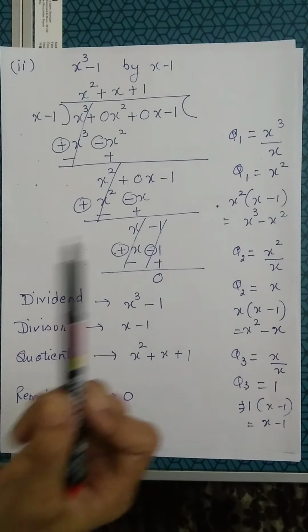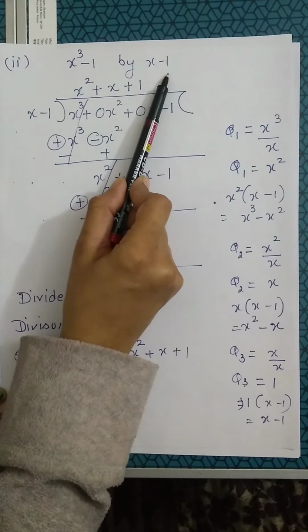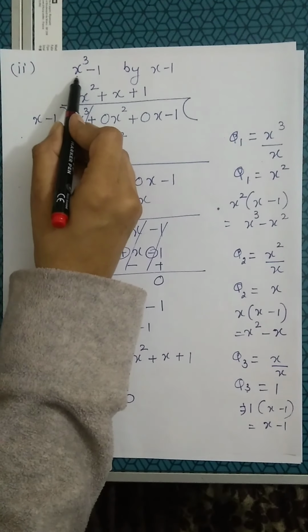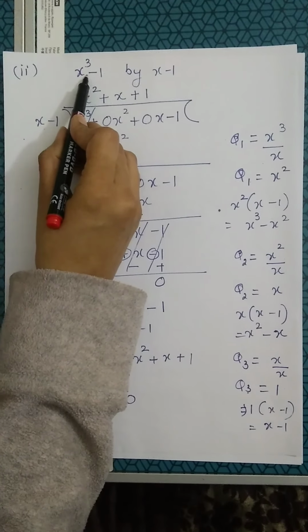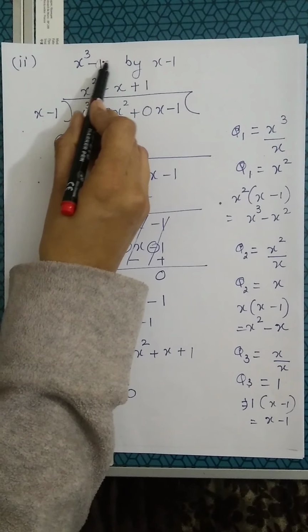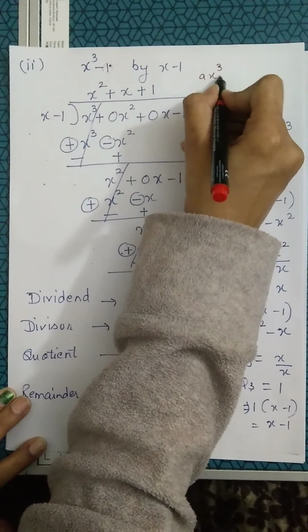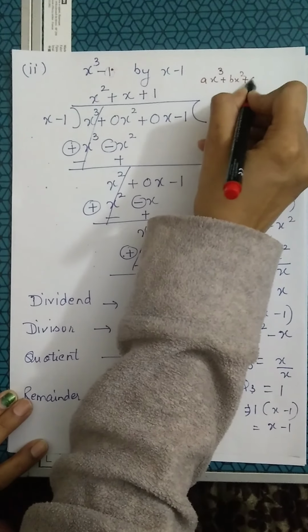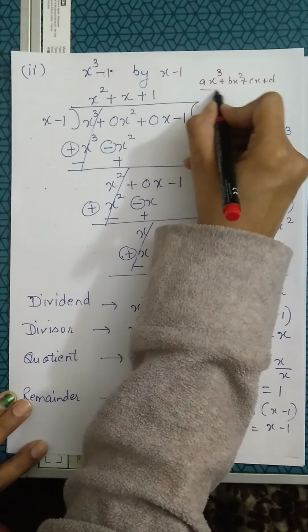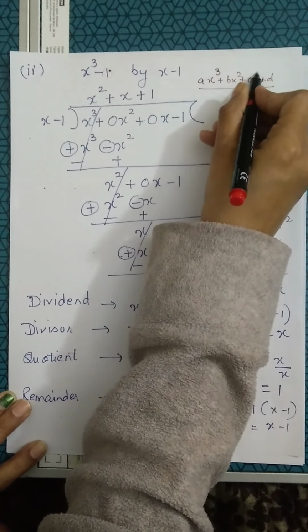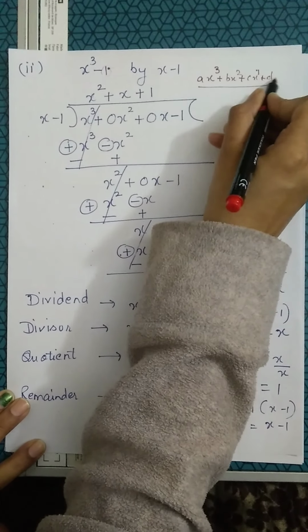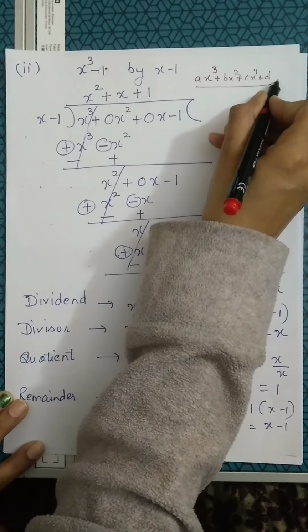Now second part, x cube minus 1 divided by x minus 1. In this type of question, if you see, after x cube a constant is there. Normally when we write polynomials, like ax cube plus bx square plus cx plus d, all the terms are written in descending order of the powers.